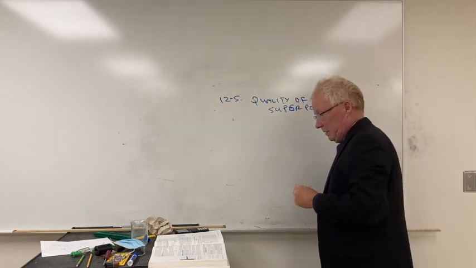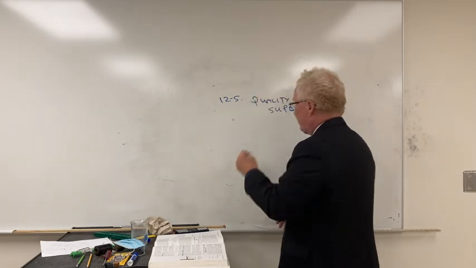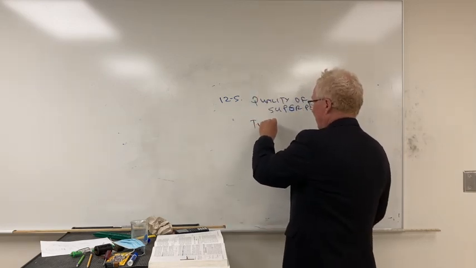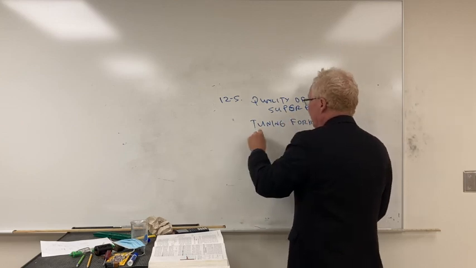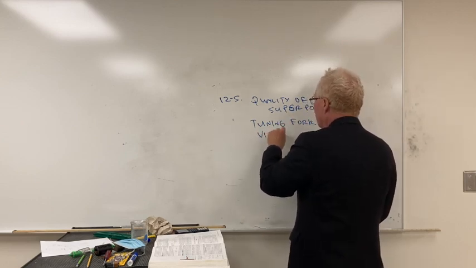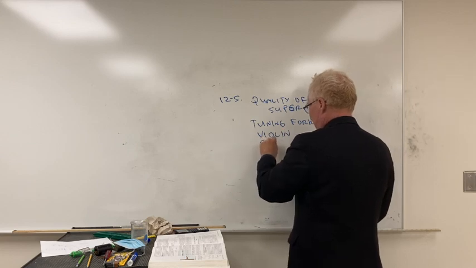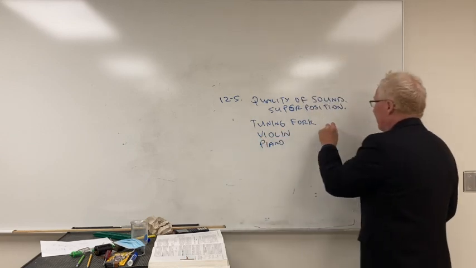All right, so basically what's the difference between a tuning fork, a violin, and a piano if we play middle C?